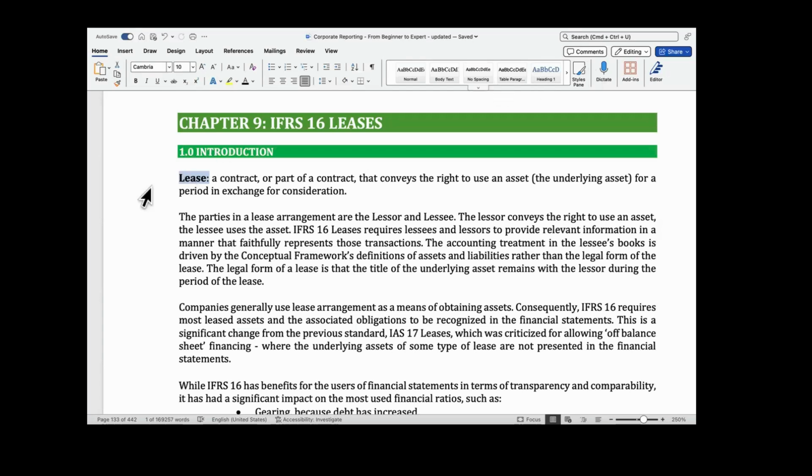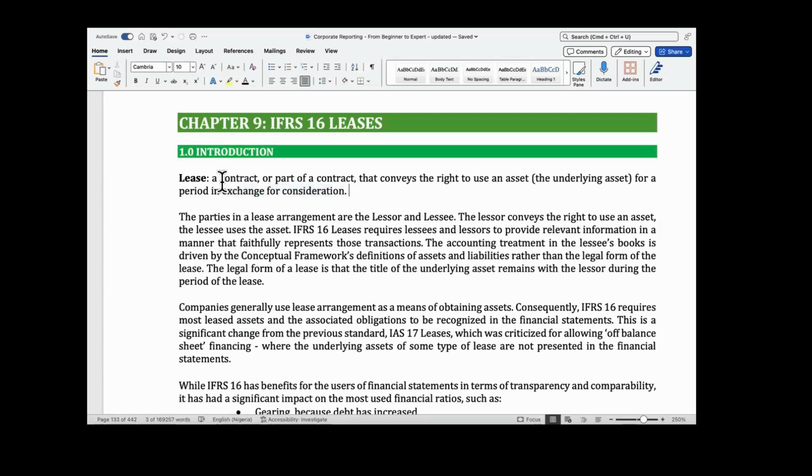So the very first thing we are going to look at is: what is a lease? A lease is a contract or part of a contract that conveys the right to use an asset, which we call the underlying asset, for a period in exchange for consideration.